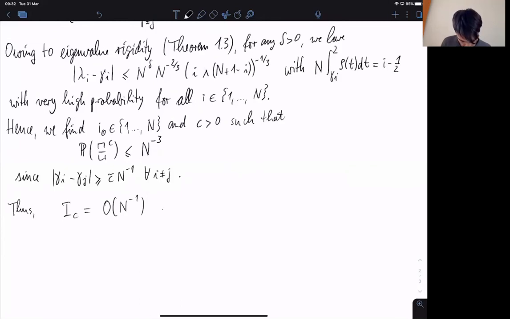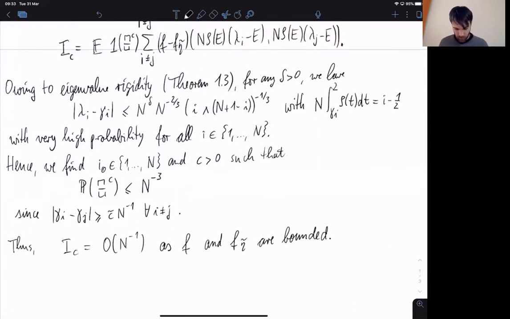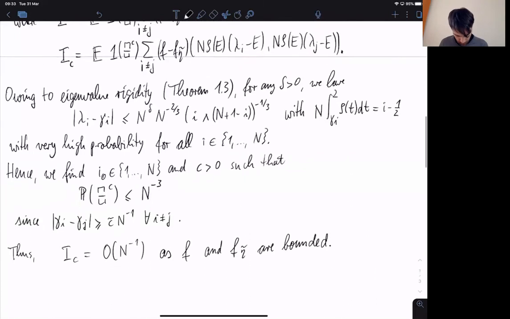Why is that? Because F and also F eta tilde are bounded, right? F is a smooth function with compact support, so that's bounded. And then F tilde is this convolution, but you can easily convince yourself that that's also bounded.